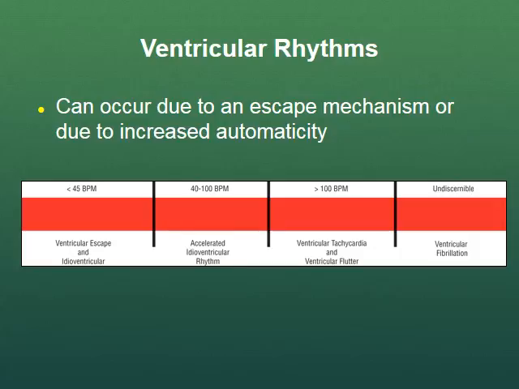The first is going to be our ventricular escape rhythms, also known as idioventricular rhythms. We'll then talk about accelerated IVR, and then we'll talk about VTAC, and then VFib, ventricular fibrillation.